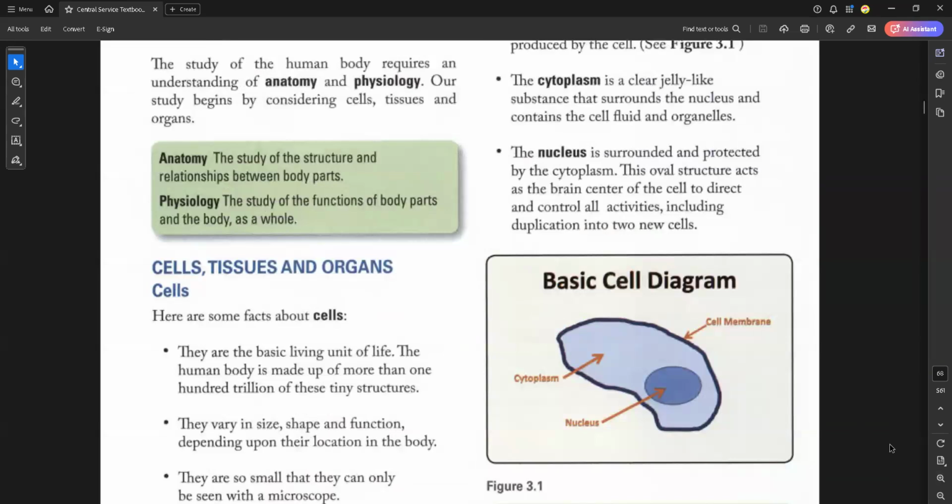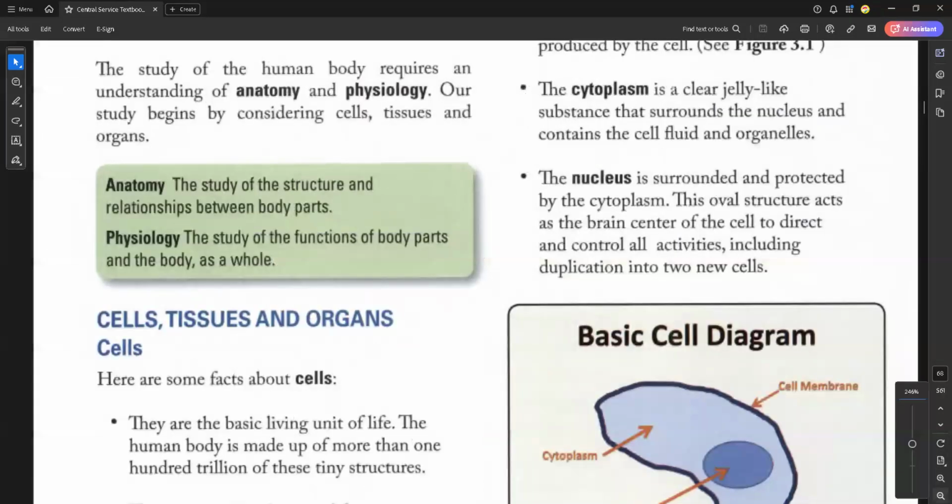So when I got to cells and I said human beings have more than 100 trillion, she burst into laughter. Then I said, what's wrong? She said, well, then she is double of that, because she's pregnant. Yes. So more than 100 trillion, and that is the basic unit of life. This means that when all the cells die in you, the human being moving, you also die. So life begins from the cells.